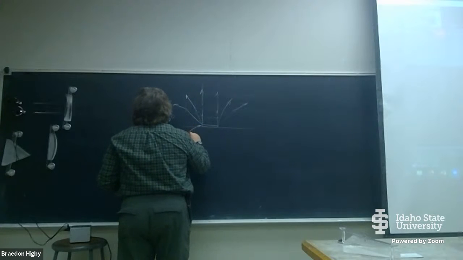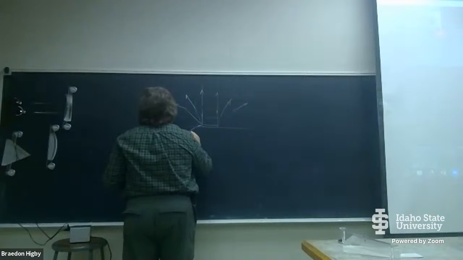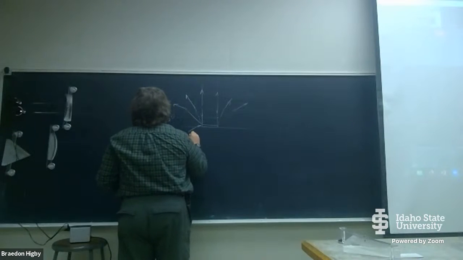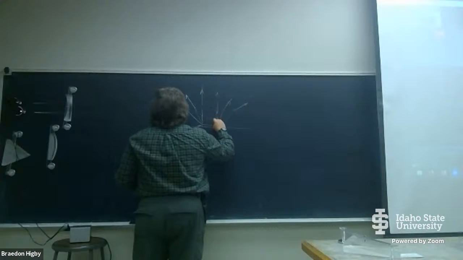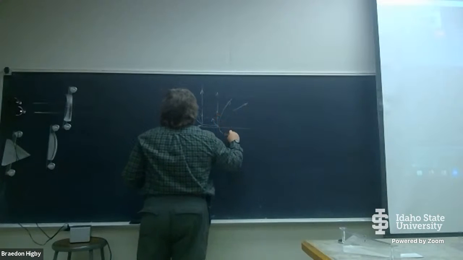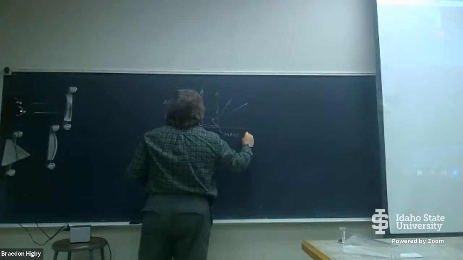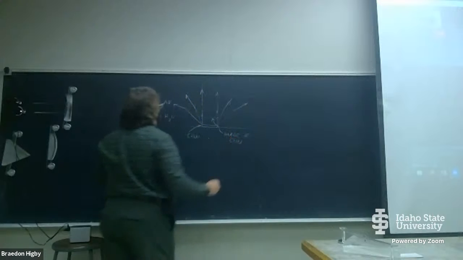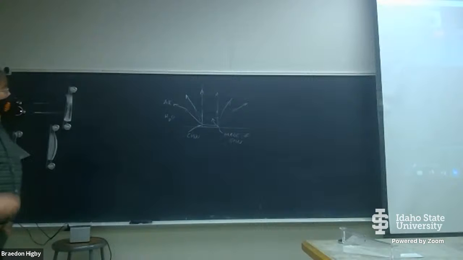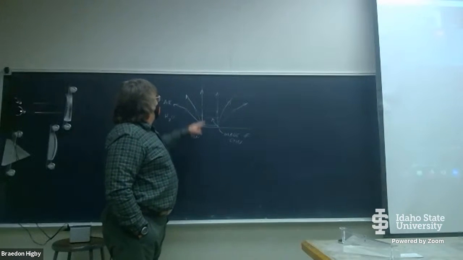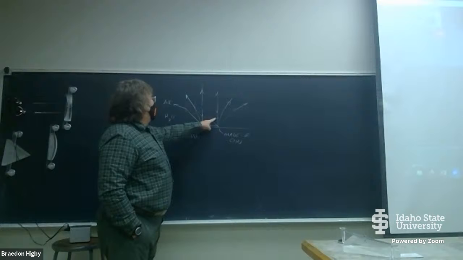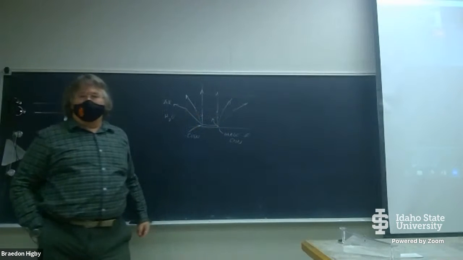So here's the coin, and here is the image of the coin. And it looks like it's the same size. With a flat surface like that, it's not magnified at all, because looking at it straight down, it looks like it's the same width that it is.